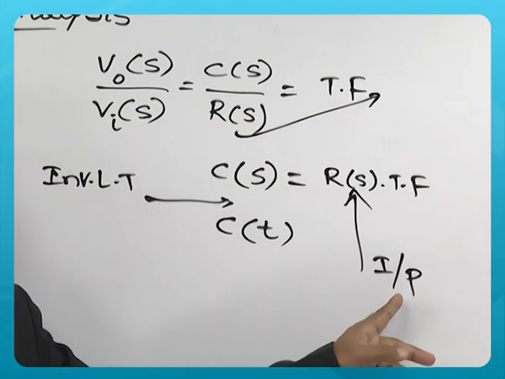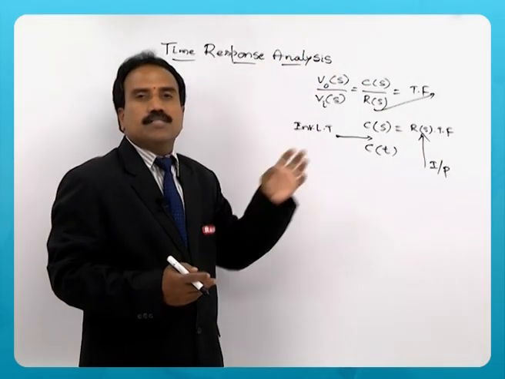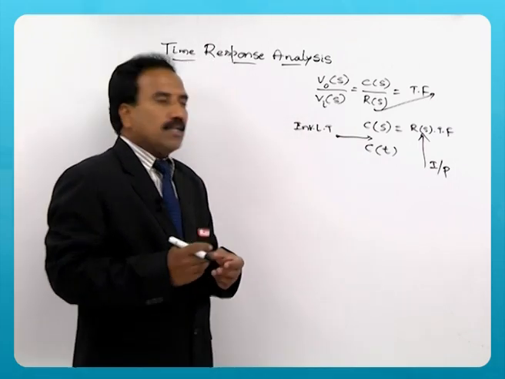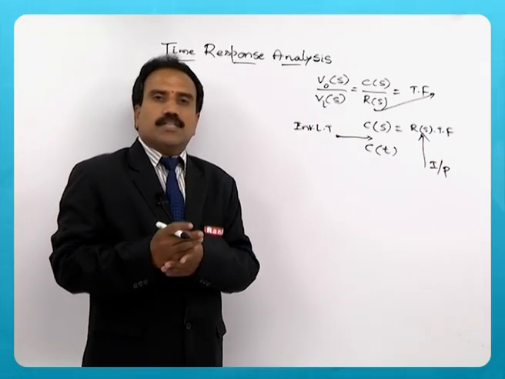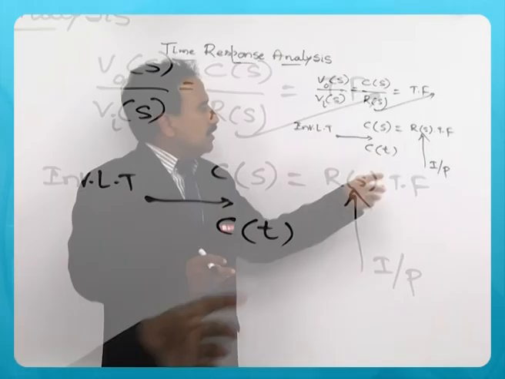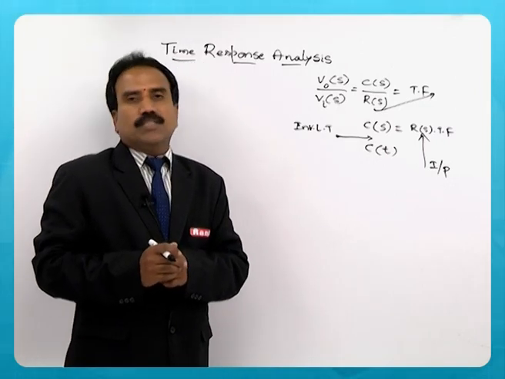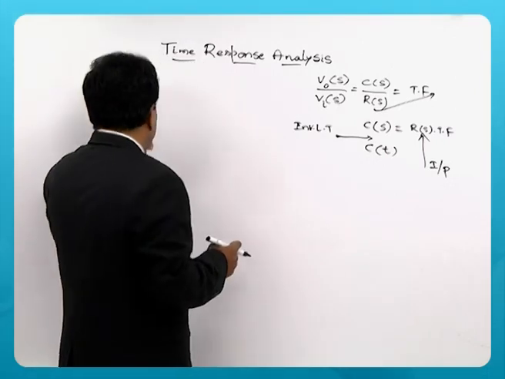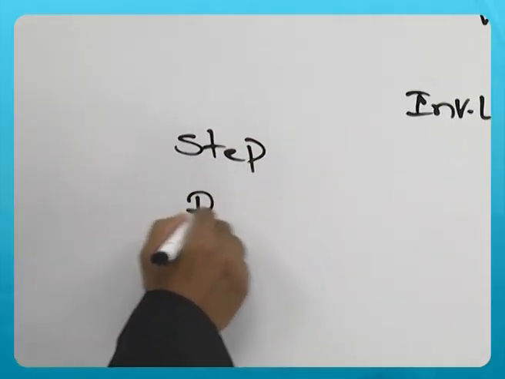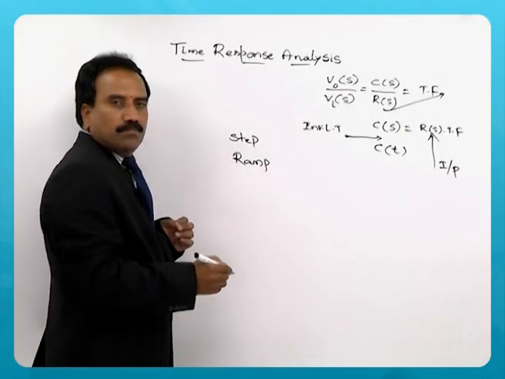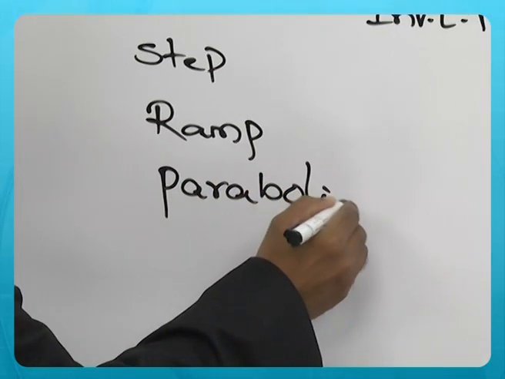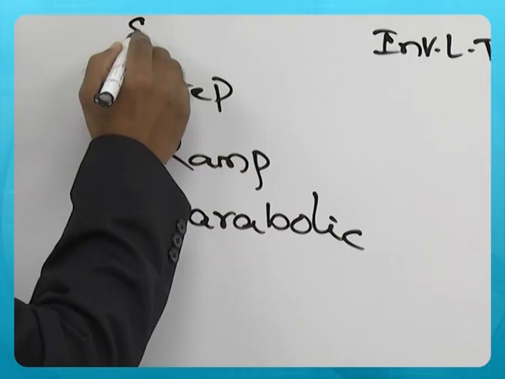So, what kind of inputs do we give in the time response analysis? As we have discussed even in the earlier classes, there are 4 standard test signals, inputs available to test the performance or to see the response. These inputs are step input, ramp input, parabolic input, and then impulse input.